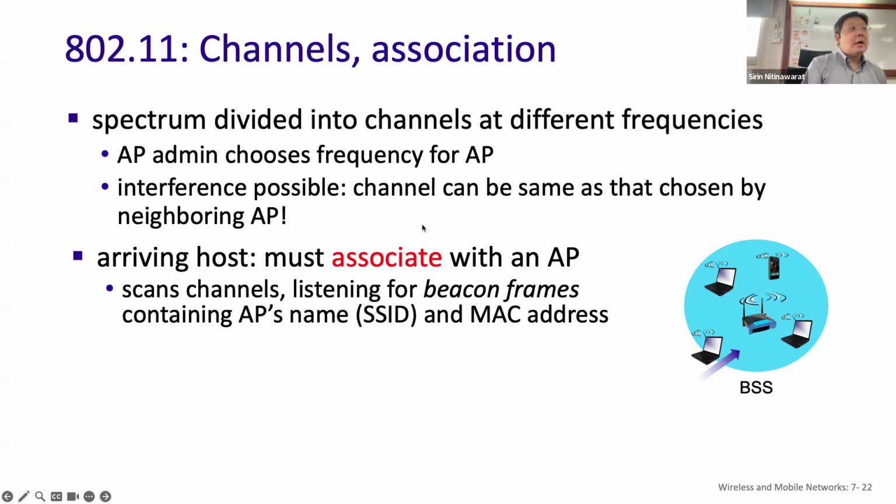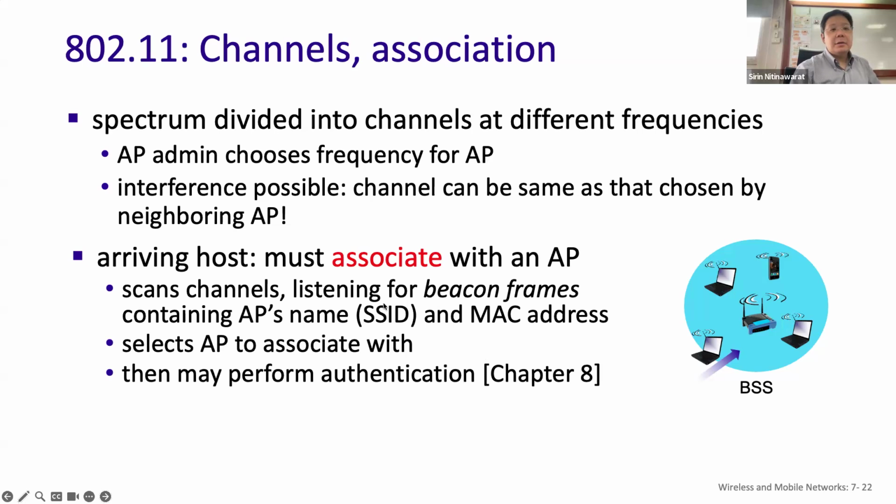And this process of association involves the mobile device scanning for the available channels and listening to the so-called beacon frames to allow it to know the AP a little better. By that, I mean knowing the AP SSID and MAC address.